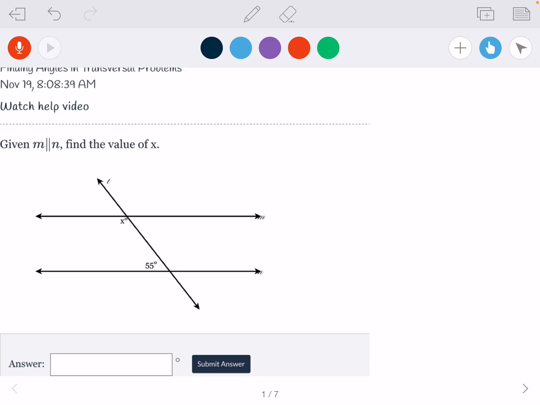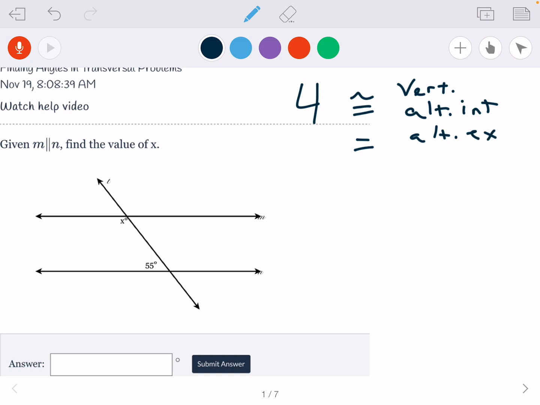You have 4 angles that are congruent to each other, meaning if you have a problem, you set them equal to each other. They're the vertical, the alternate interior, the alternate exterior, and the corresponding.